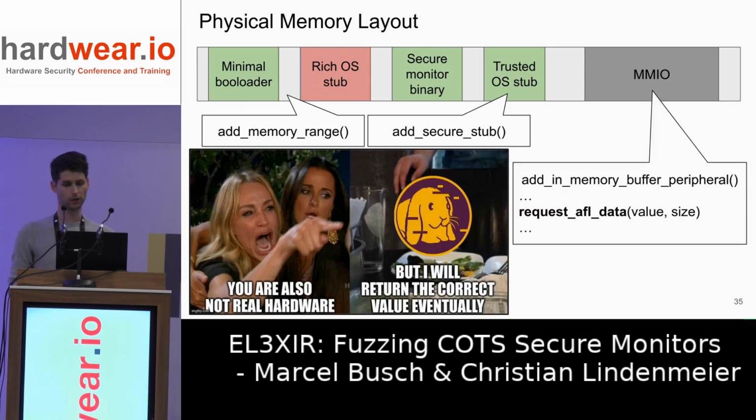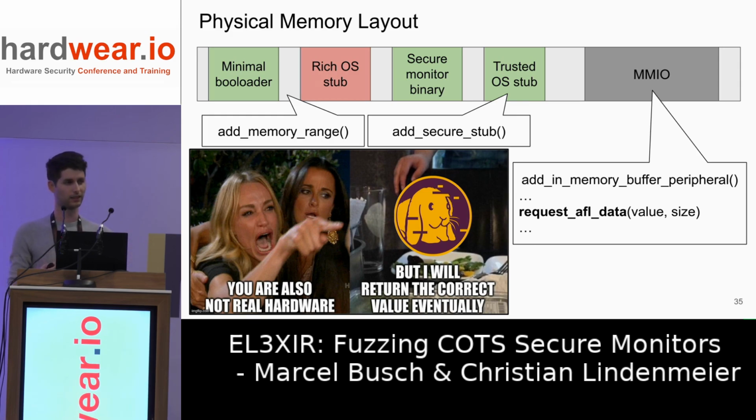And there's also a third option, and this is a function called add in-memory buffer peripheral. What this allows us to do is that it will basically stop the execution at that location and then request specific input from us. And what we are now going to do is forward this request, because we don't know what we want to return. We have no idea which peripheral is behind that region, so we forward this request to our fuzzer.